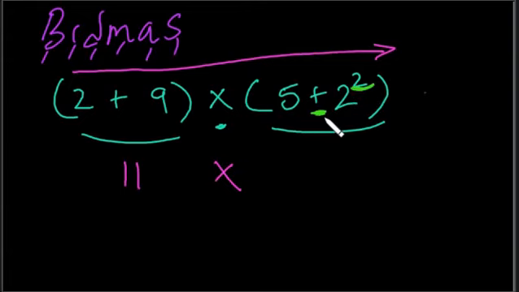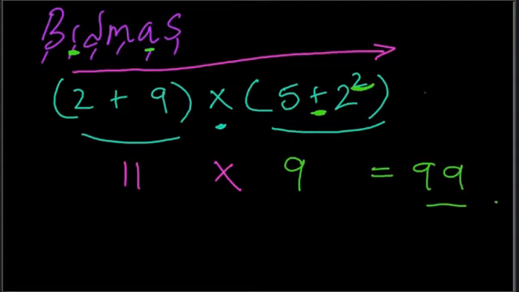And so we're going to handle the indice first. So we'll say 2 to the power of 2, which is 4. The reason why we handle it first is that we have our indice here, and that comes before our addition. So 2 to the power of 2 is 4, plus 5 is 9. So we have 11 times 9, which is 99.